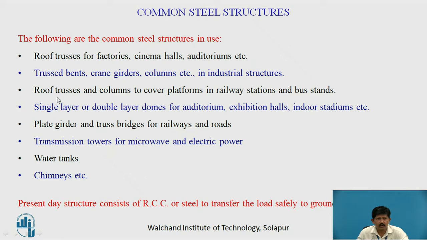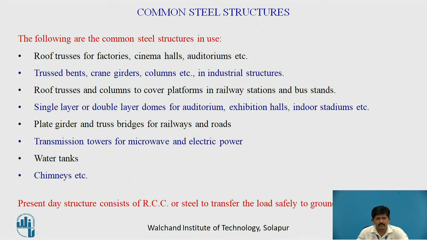Then again roof trusses and columns to cover platforms in railway stations and bus stands. Then single layer or double layer domes for auditoriums, exhibition halls, indoor stadiums, etc. Then plate girder and truss bridges for railways and roadways, transmission towers for microwave and electric power, water tanks, and chimneys. So, these are some of the structures which are constructed using steel.